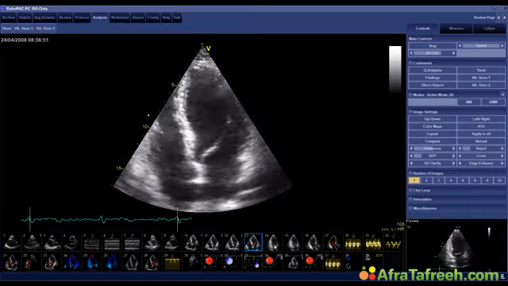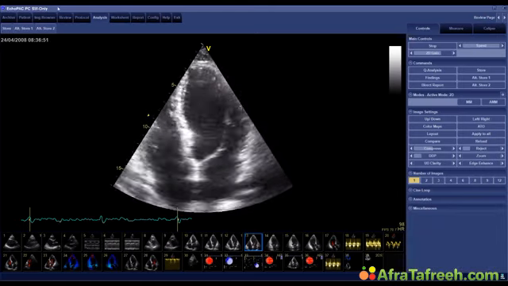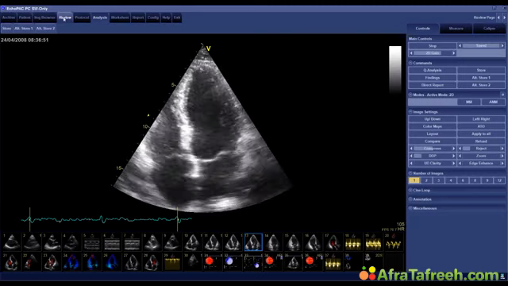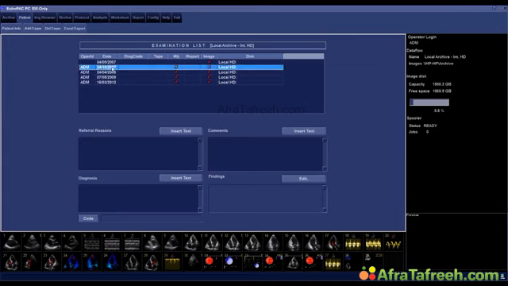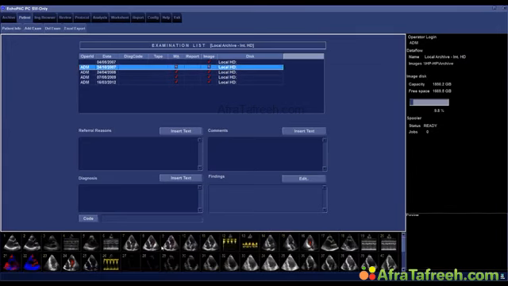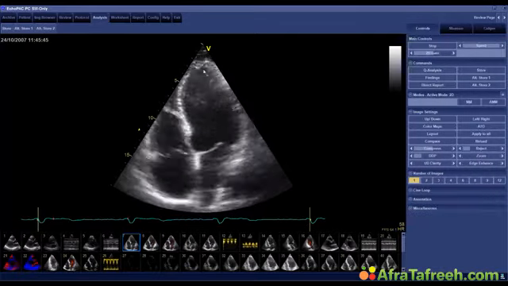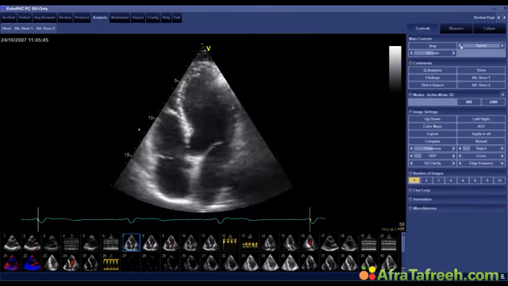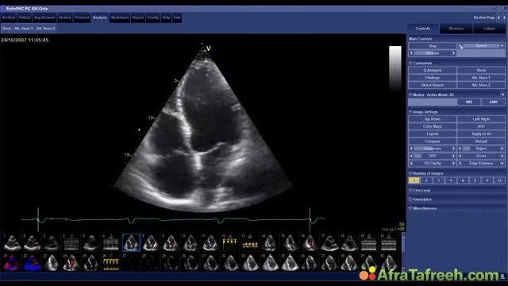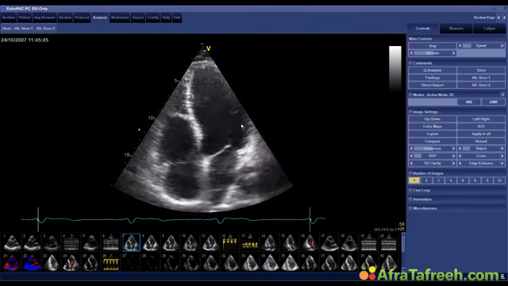But the big question is, well, what does it actually mean to have a left bundle branch block? Let me go back to the previous exam and show you the previous loop again. Let's take a close look at how the septum actually moves. The problem we have here is that the septum moves very desynchronously, especially compared to the lateral wall. I'll turn down the speed here. You can see that very nicely.